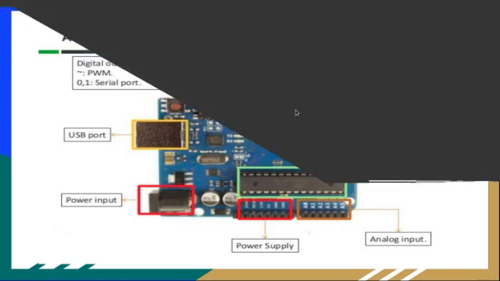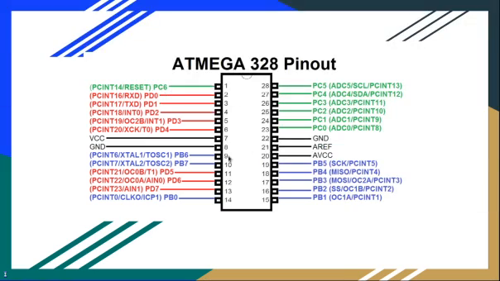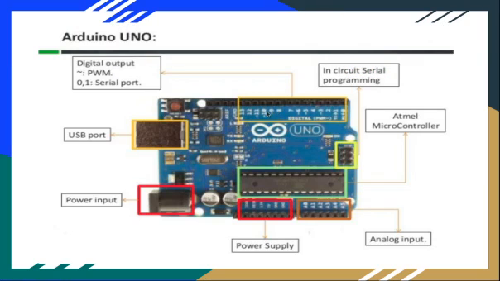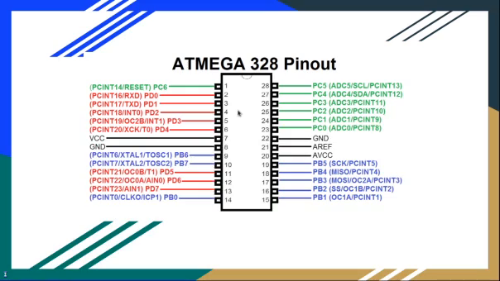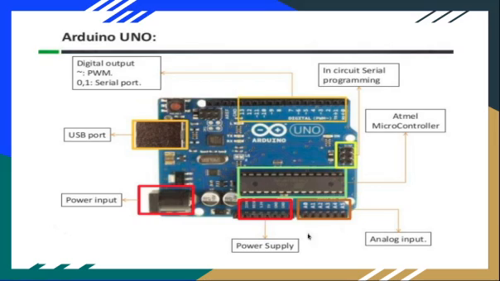PB0 to PB5 maps to Arduino's digital pins 8 to 13. And PC0 to PC5, that is port C, maps to analog pins A0 to A5.